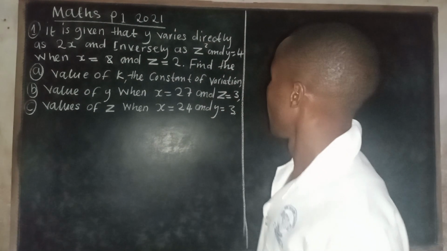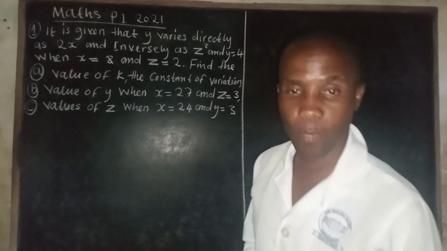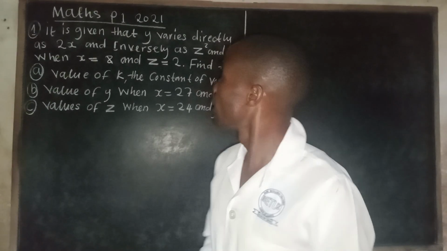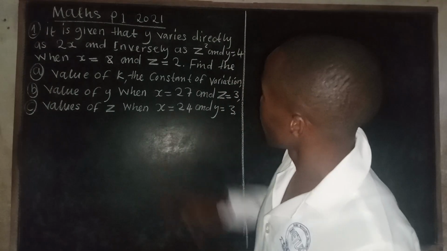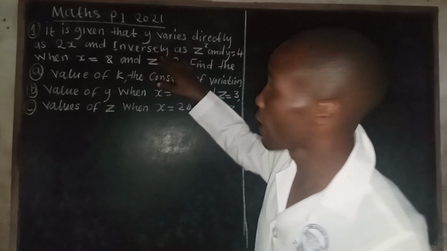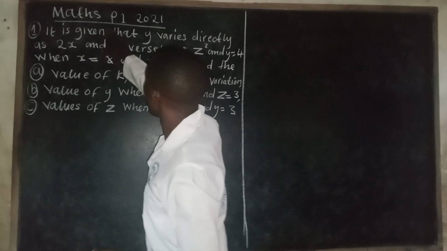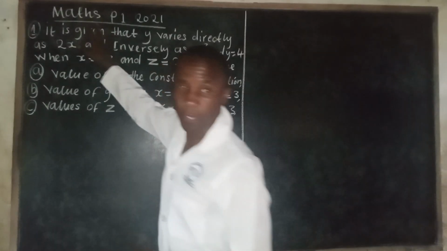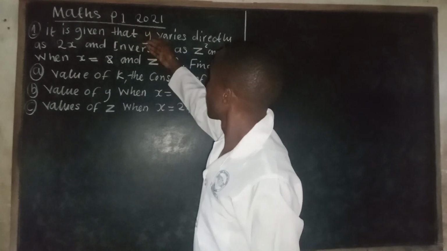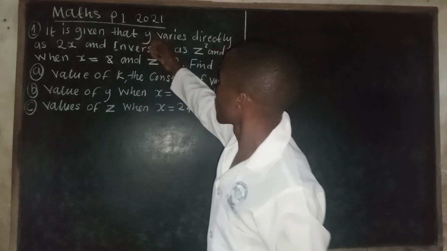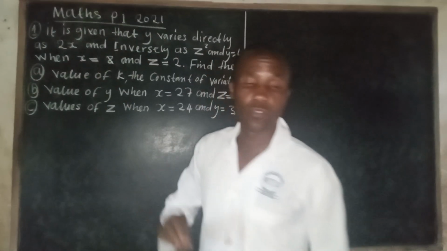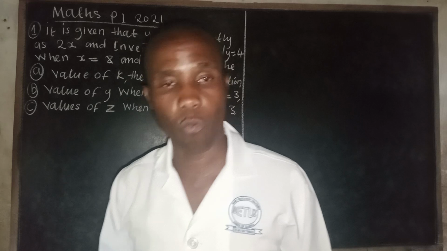A+. Okay, so this is the question on the chalkboard that I've brought for you. As you can see on the heading, this question is coming from paper 1, the past paper written in 2021.